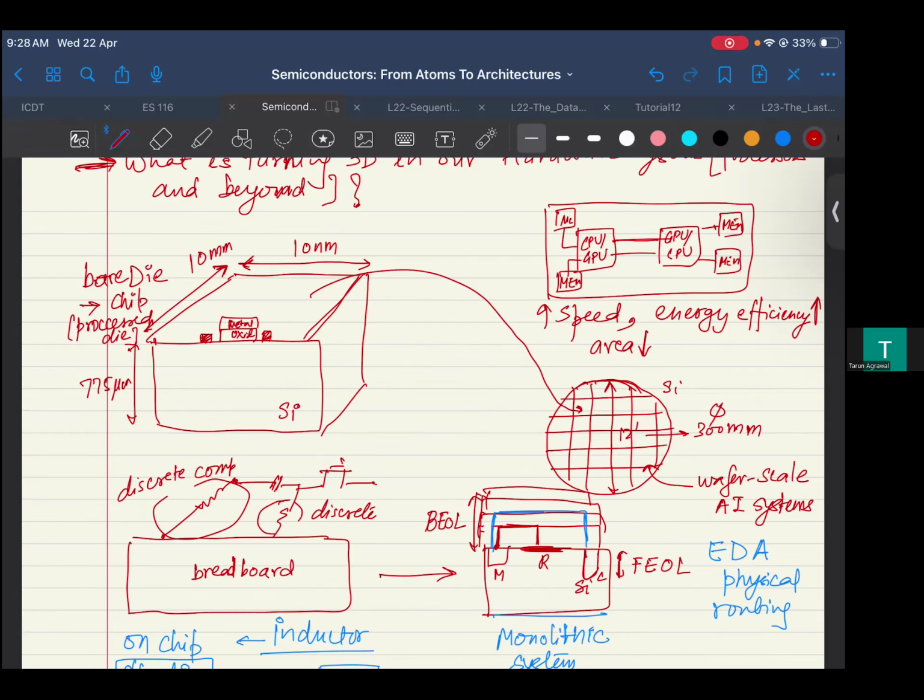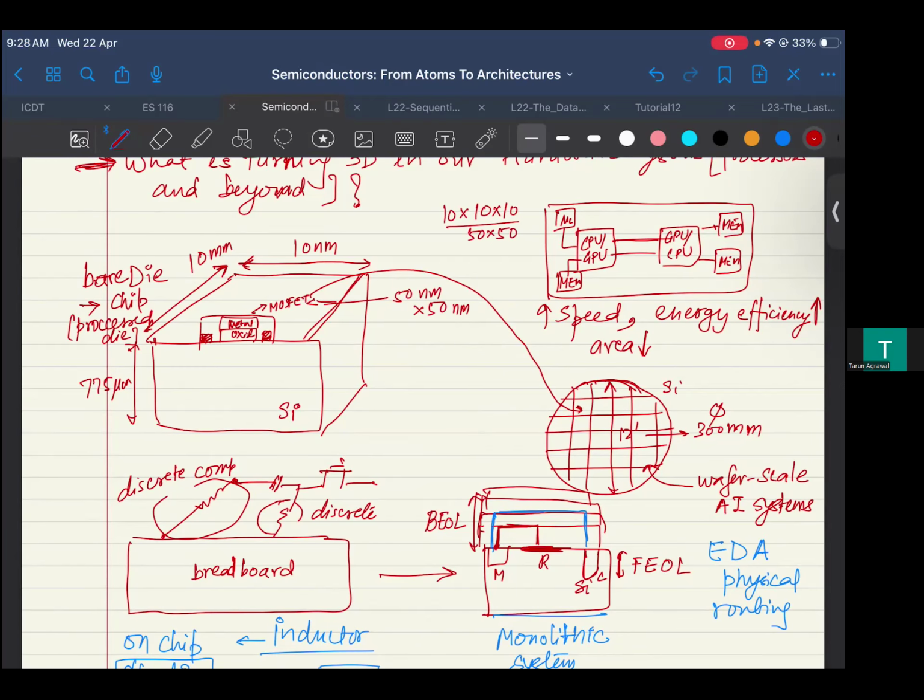And if we are talking about just the footprint of this transistor, this MOSFET, in current technologies we are talking somewhere around 50 nanometer by 50 nanometer. You can calculate by dividing 10 mm by 10 mm by 50 nanometer.